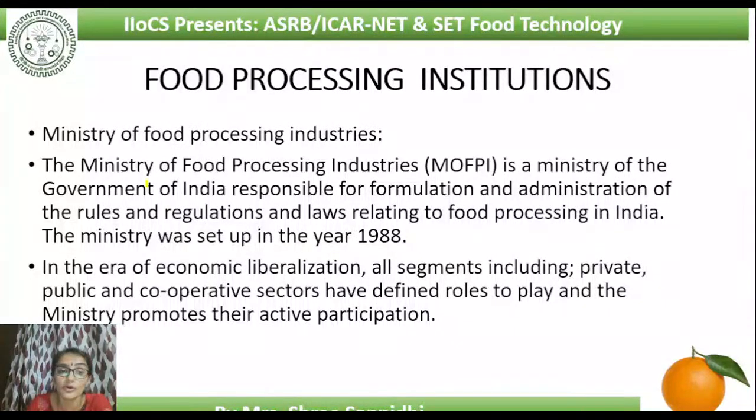So the ministry gives rules, regulations and laws relating to food processing in our country. This was set up in the year 1988.